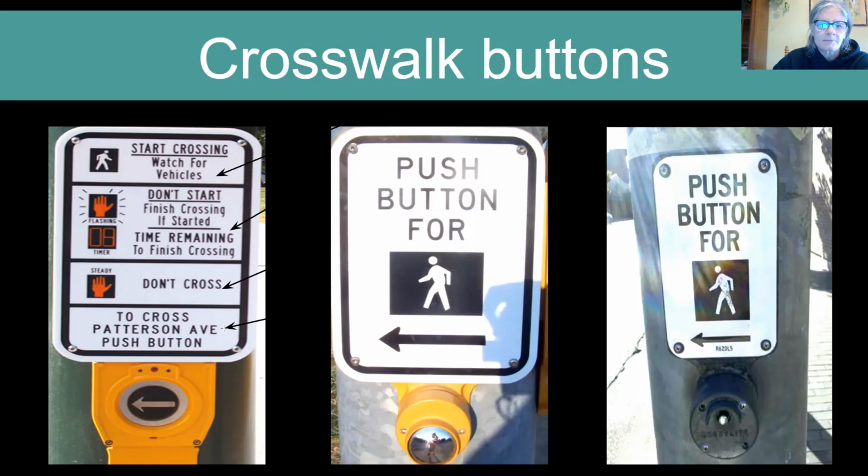So if you see the orange sign up, you're not supposed to start crossing. If there's a timer in it, make sure if you're already in there that you finish crossing. That orange hand means don't cross. To cross Pedestrian Avenue, push the button. So it triggers a light to make sure the traffic is going to stop.